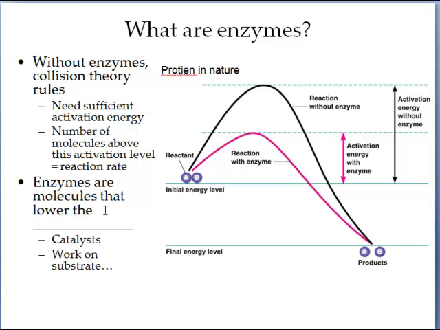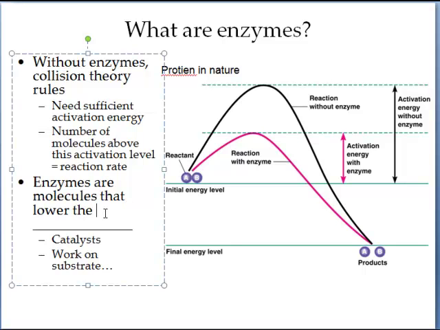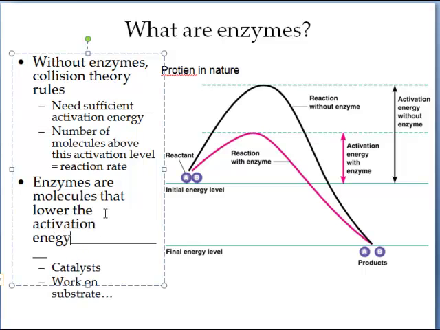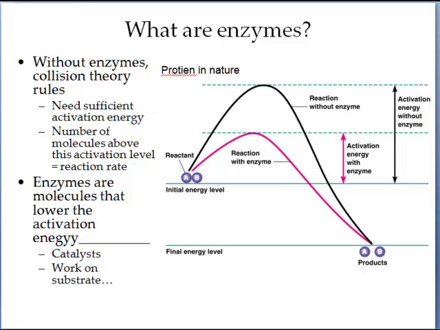Enzymes are molecules that lower this activation energy. For example, in this diagram over here, the reaction without the enzyme is shown in this black region that I'm pointing my mouse to, which would mean that these two molecules should have energy up to this level.